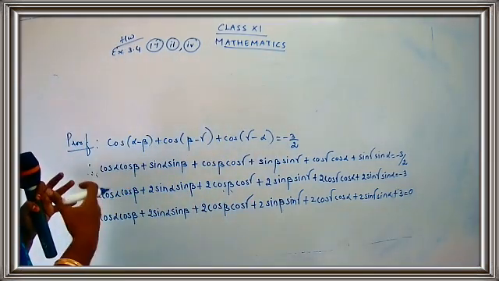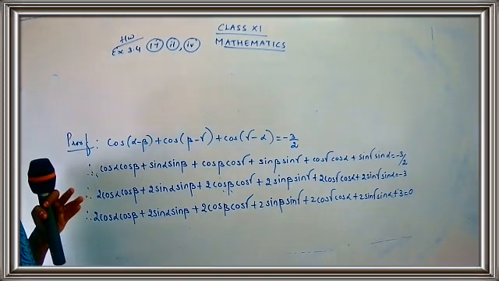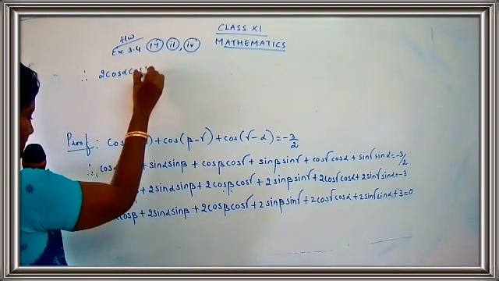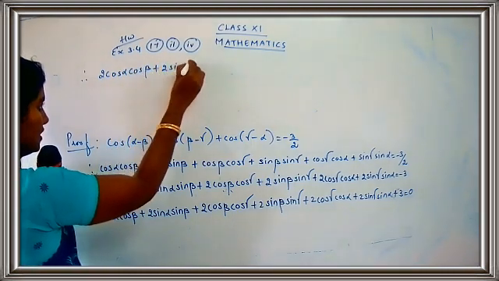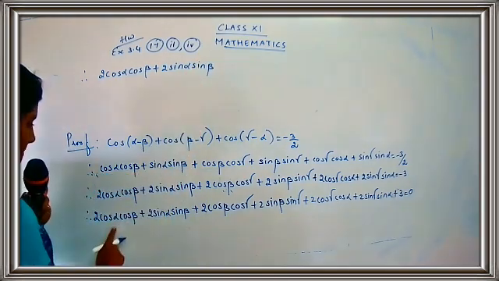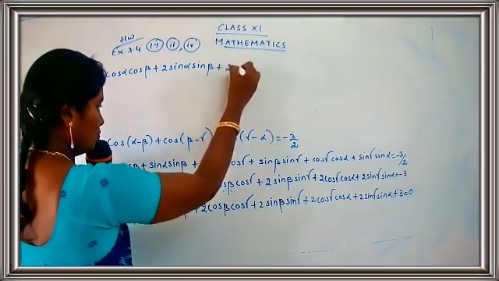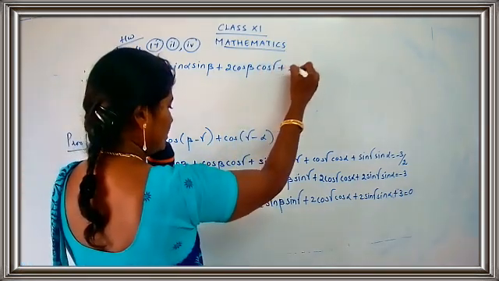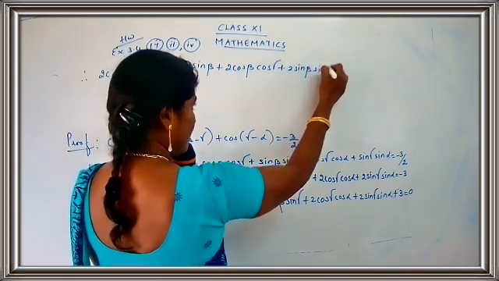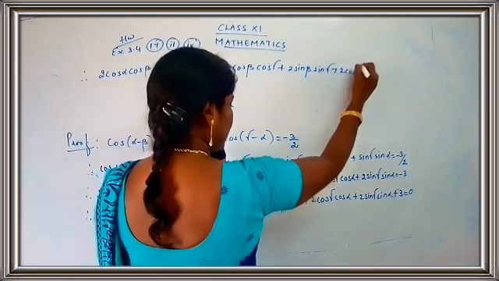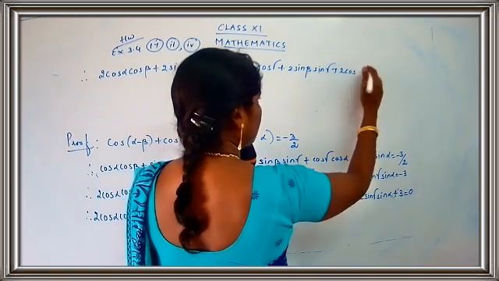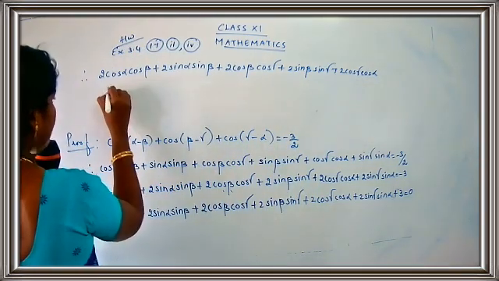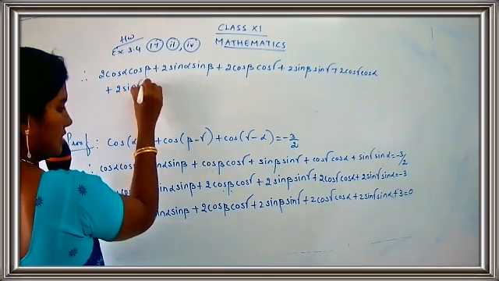If you're not able to write in a single line, no problem. You just write down in 2 lines. Therefore, 2 cos alpha cos beta plus 2 sin alpha sin beta plus 2 cos beta cos gamma plus 2 sin beta sin gamma plus 2 cos gamma cos alpha plus 2 sin gamma sin alpha.